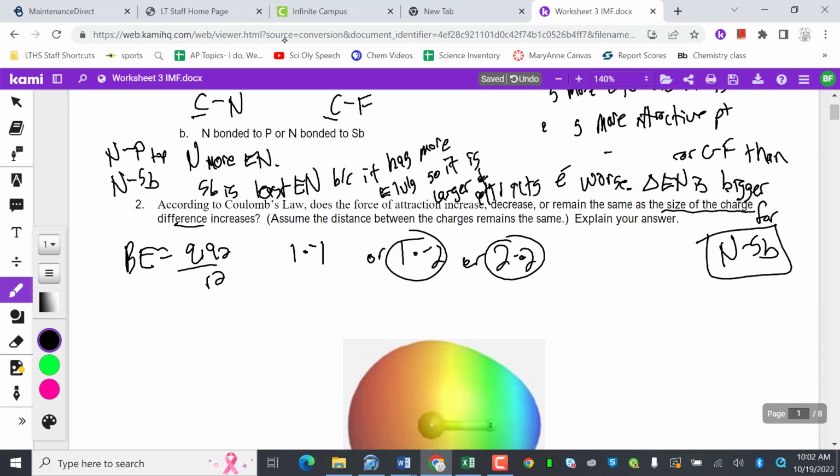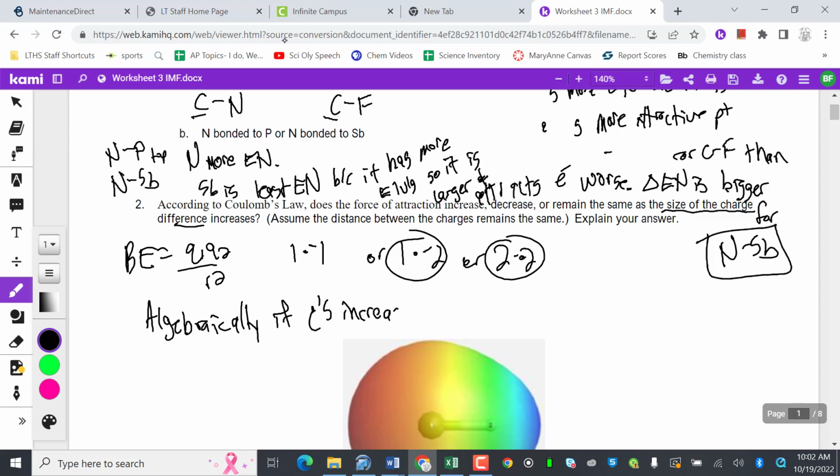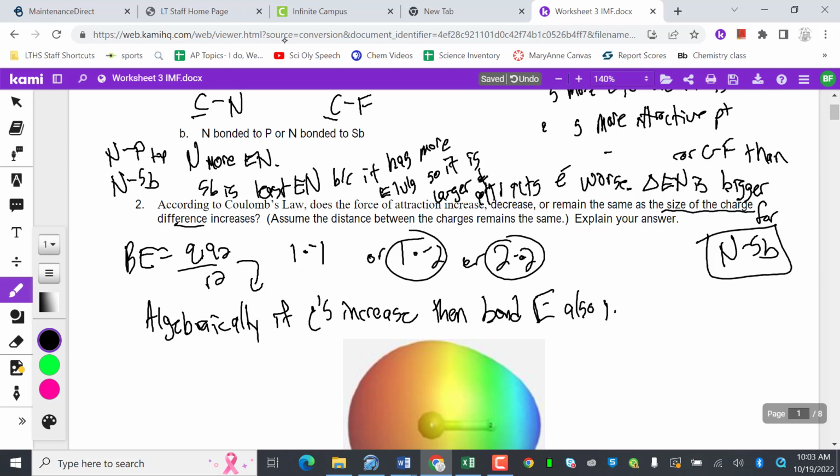Explain your answer. Algebraically, if Q's increase, then bond strength, or bond energy, also increases.